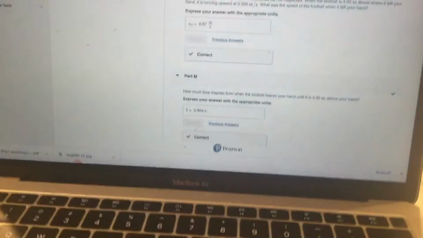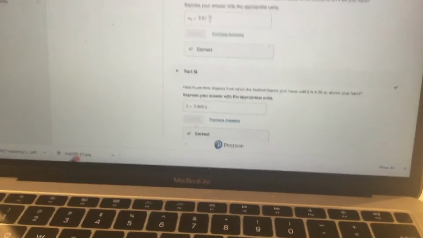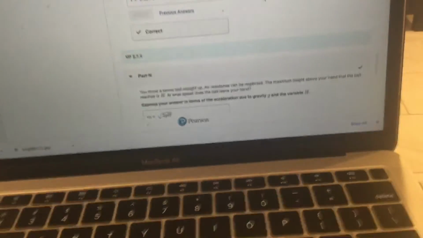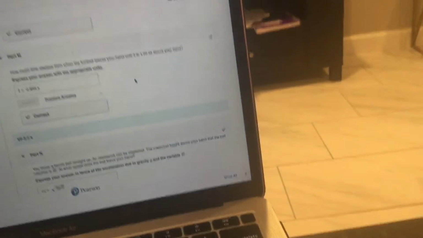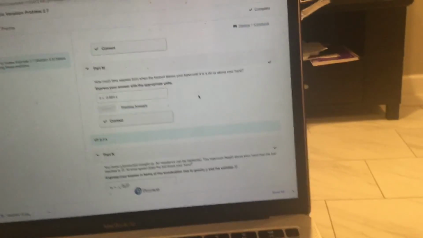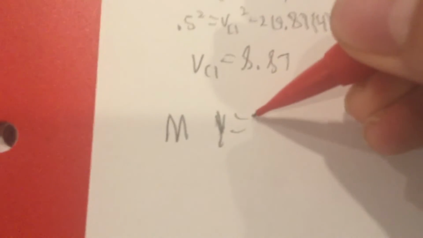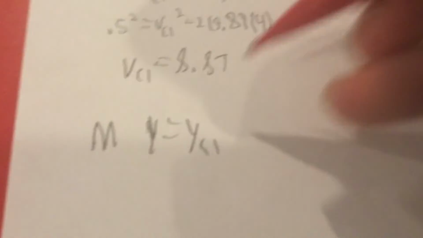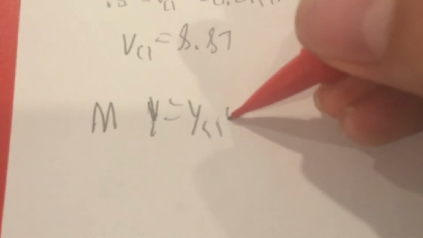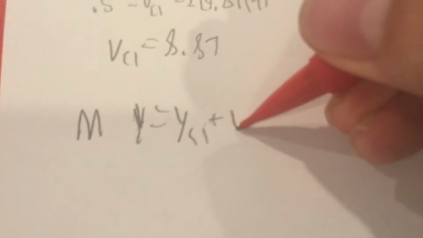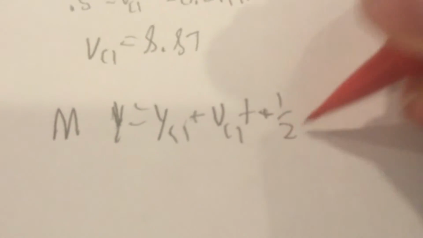Now part M. How much time elapses from when the football leaves your hand until it is 4 meters above your hand? We're going to use the equation y equals y naught plus v naught t plus 1/2 at squared.